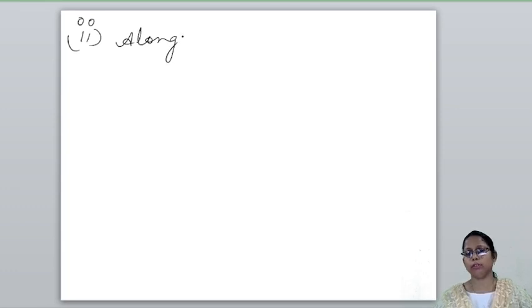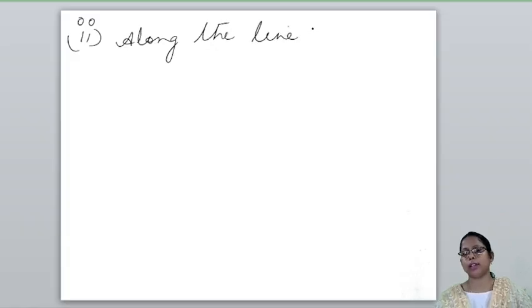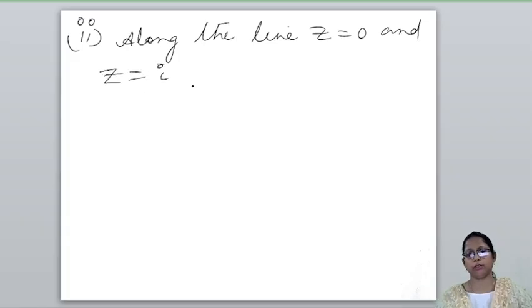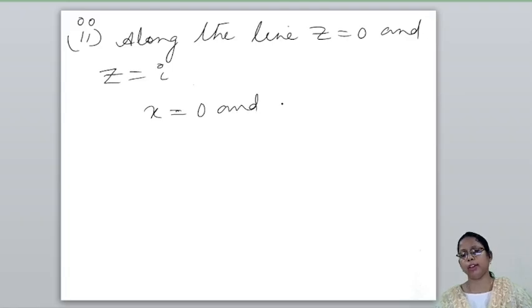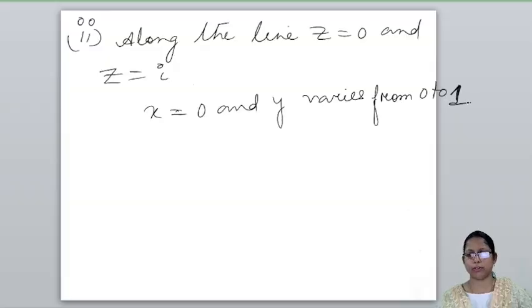Now we are going to solve the second part. Along the line z equal to 0 to z equal to i, x is equal to 0 and y varies from 0 to 1.